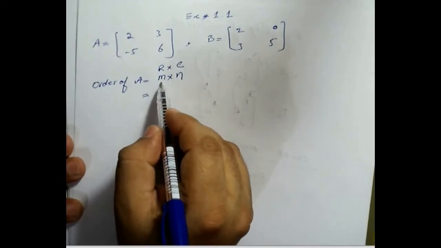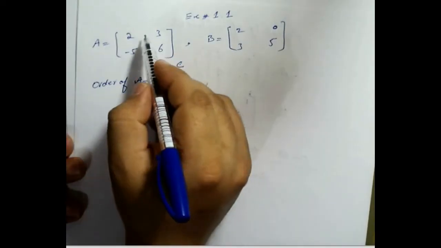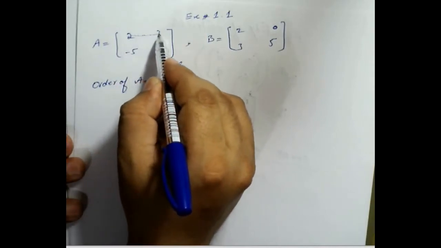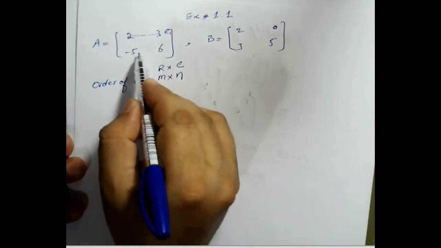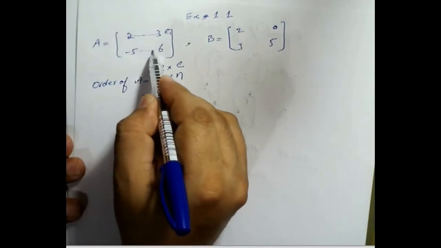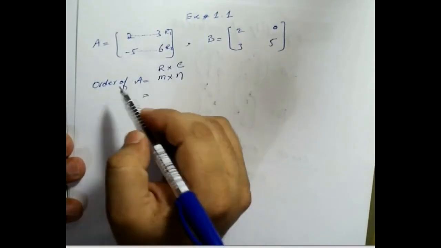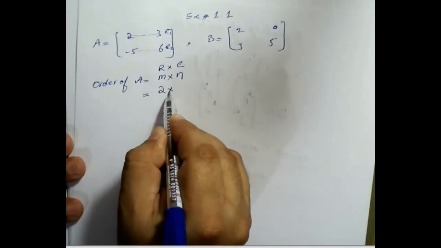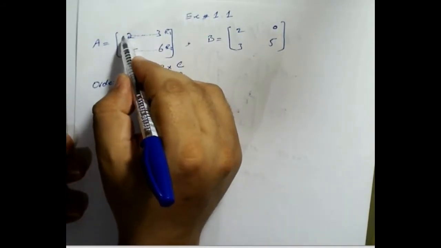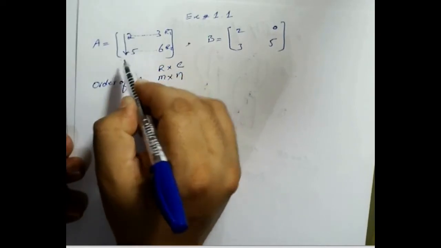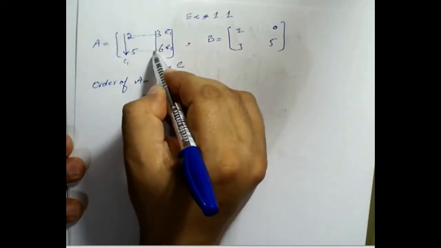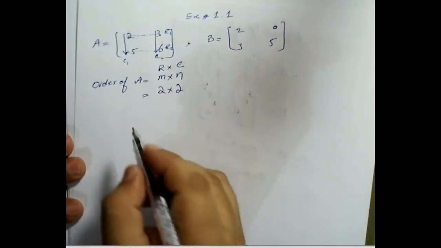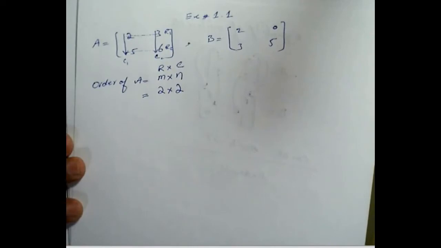Let's count the rows of matrix A. See, this is row 1, this is row 2, right? So we have 2 rows here. And columns: column 1, column 2. So we have 2 columns. So order of A becomes 2 by 2.